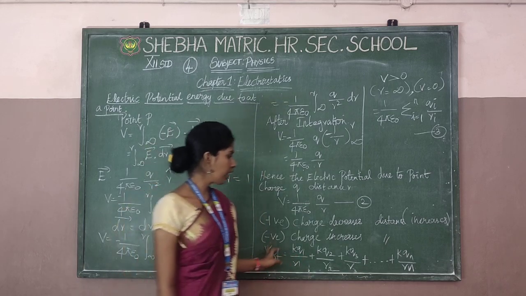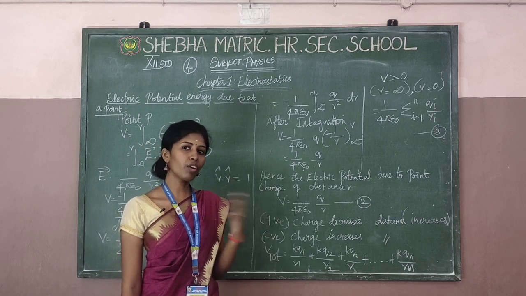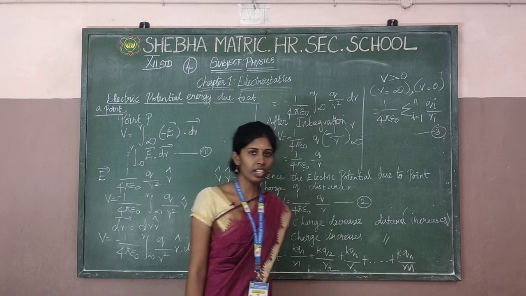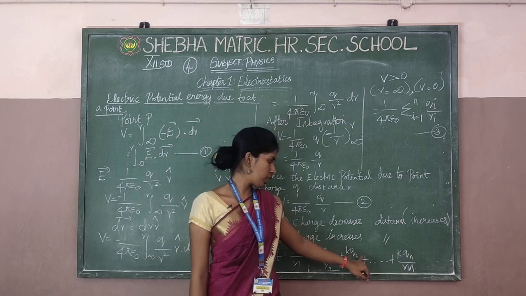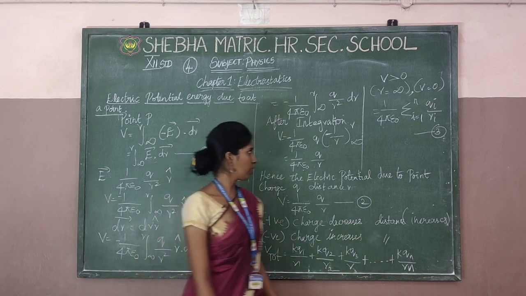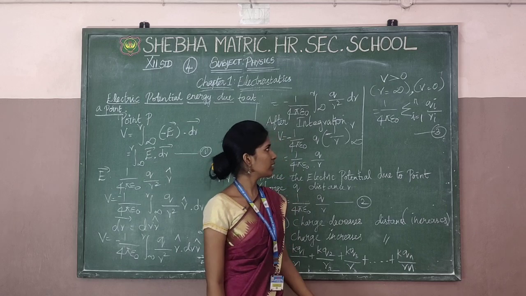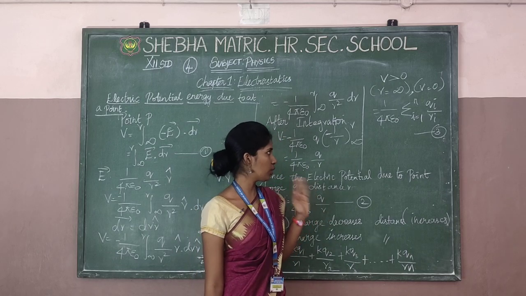Since it is infinity, we take a number of nth terms, and we do not know the last value. So we find up to Q1 charge, Q2 charge, Q3 charge, up to Qn. So V is greater than 0. When R is equal to infinity, V is equal to 0.